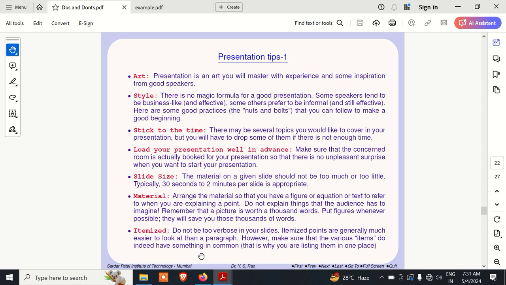So you have to organize your topic, your contents, your slides in such a way that whatever is the time slot given to you, you have to fit it into that, because the audience, the reviewers, the examiners, they come with that mindset that in a given slot you are presenting.